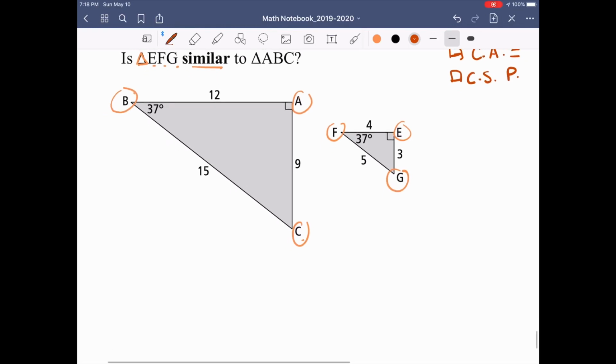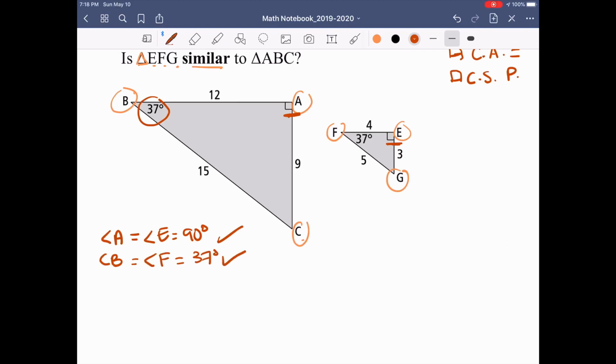Let's check the angles first. Angle A corresponds to angle E, and they are both 90 degrees, which means that they are equal. Angle B corresponds to angle F, and they're both 37 degrees, so they're equal.